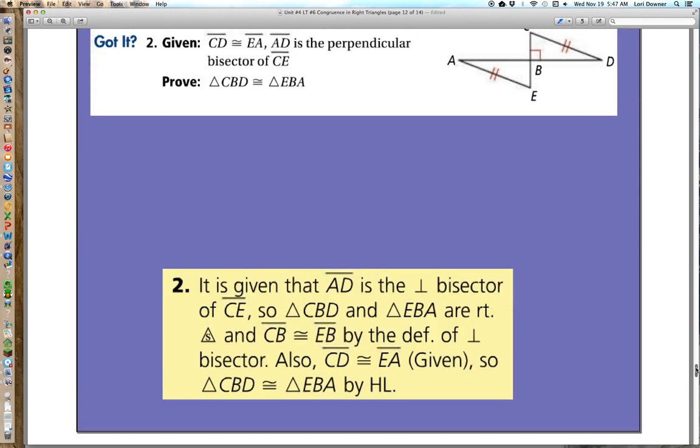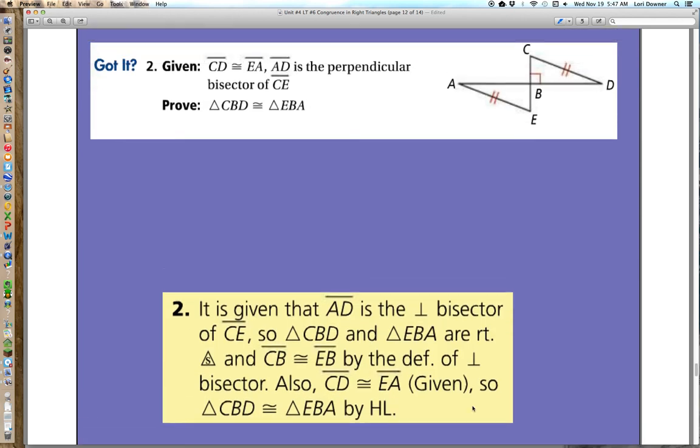So your proof will look like it's given AD is the perpendicular bisector of CE. So triangles CBD and EBA are right triangles. You will get right angles when they're perpendicular. And CB congruent to EB by the definition of perpendicular bisector. These guys will both be right angles.